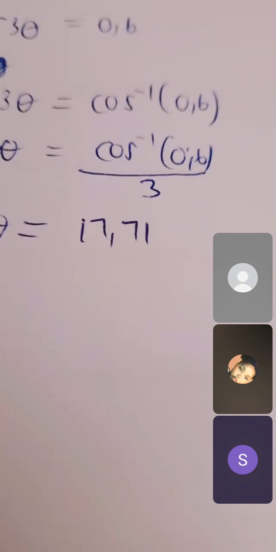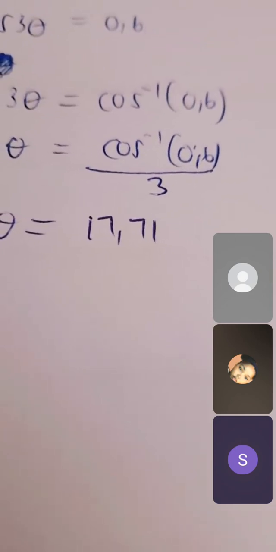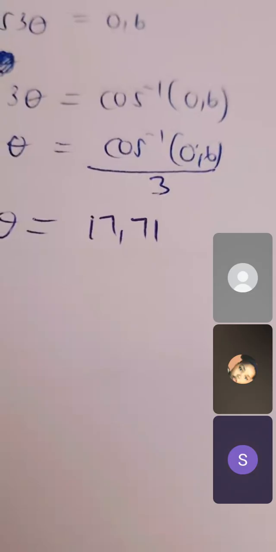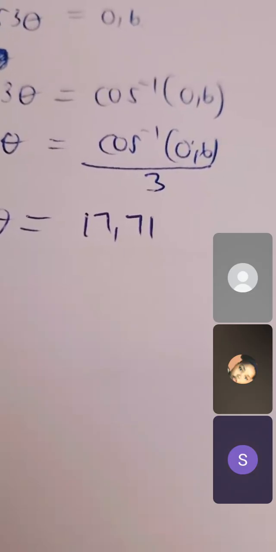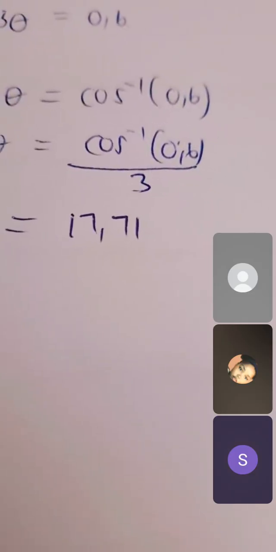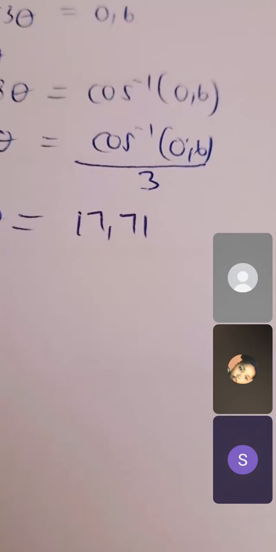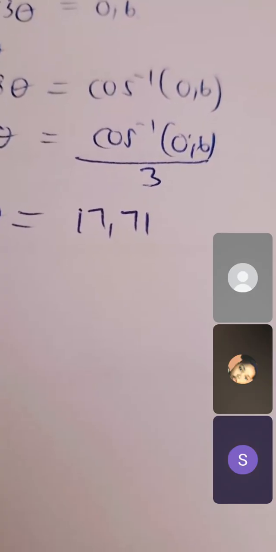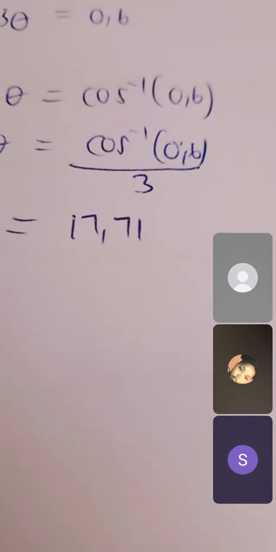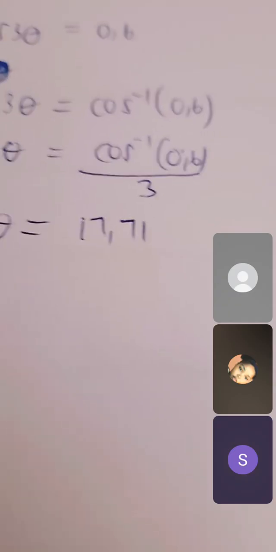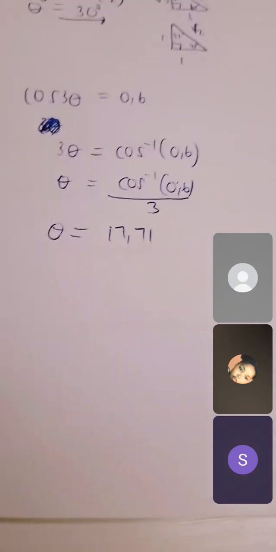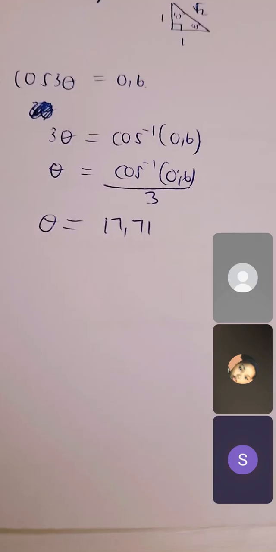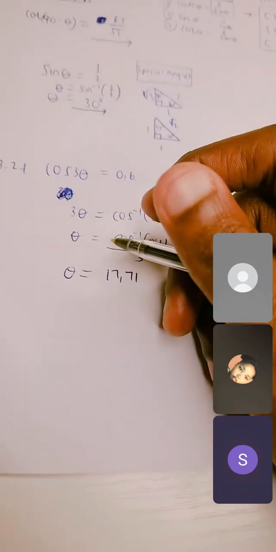You want to avoid rounding off twice. So does 2 decimal places for the final answer get you 17.71 degrees still? Yes, sir. It still gets 17.71003412, shifted to 2 decimal places.